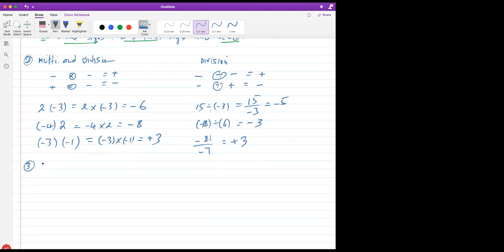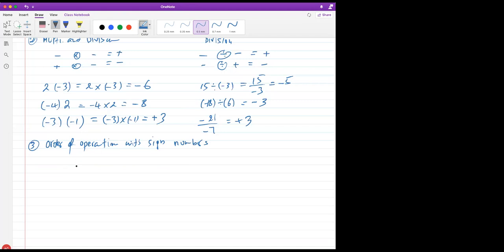So we're going to call this the order of operations with signed numbers. Okay, I'm going to start with something simple like this. Let's say we have negative 5, and we can add another one to multiplication here.